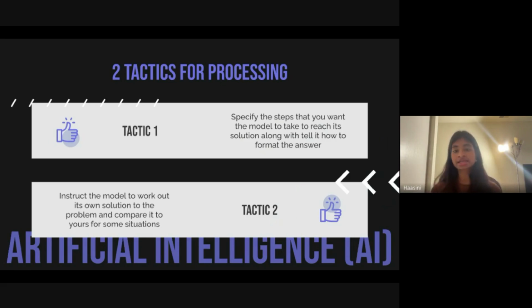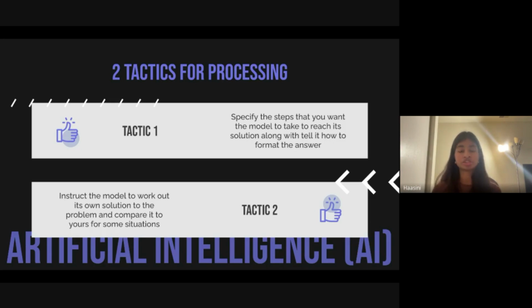And then 2 other tactics for processing. Sometimes the model gets confused about how to answer a question. It'll give you the wrong result sometimes because it'll jump to an answer too quickly, which AIs can do too. So by specifying the steps that you want the model to take to reach its solution, along with telling it how to format its answer, you're making sure that the model reasons through every step that you ask it to do, and that way you ensure an answer that's more accurate than anything the model could have done on its own.